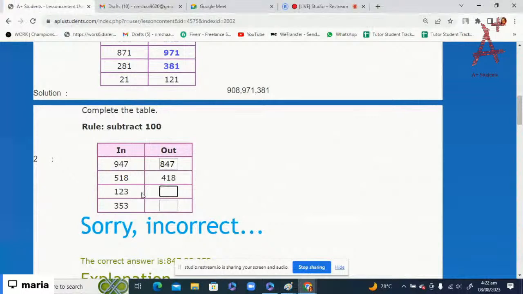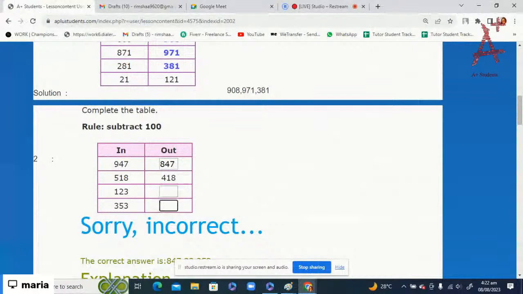123 minus 100. Check it. Solve it in your notebooks. 123 minus 100. Same method. You guys do this one.